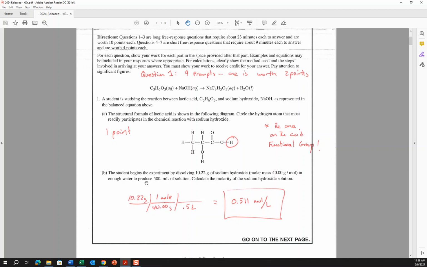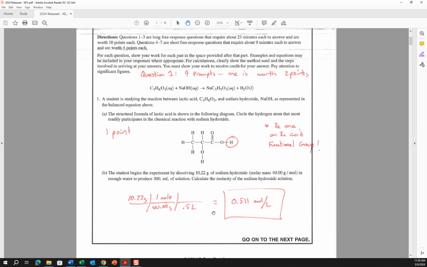Okay, so for part B, we just need to calculate the molarity of the solution we're preparing. So we need to do moles divided by liters. So we would take our grams of sodium hydroxide. They were friendly enough to give us the molar mass. And so we'll do 10.22 divided by 40. That'll give us moles, and then divided by the volume, but it has to be in liters.